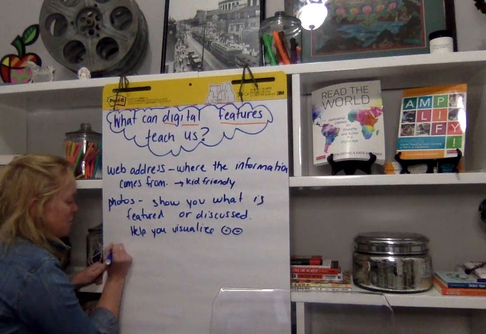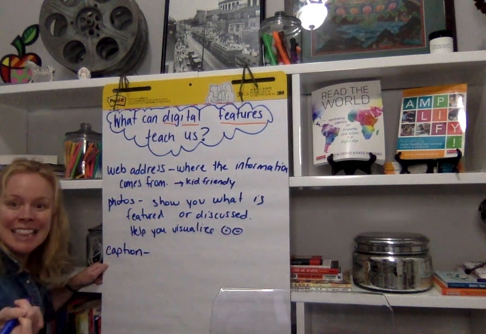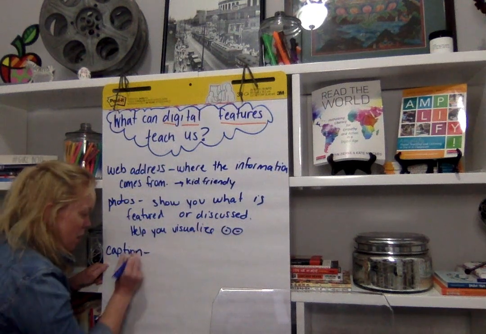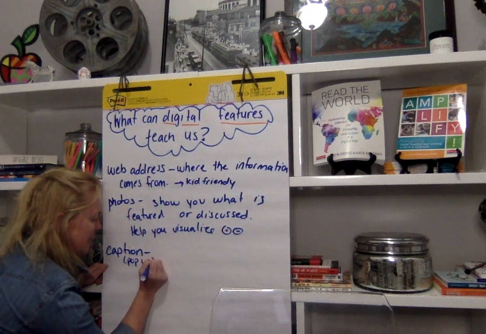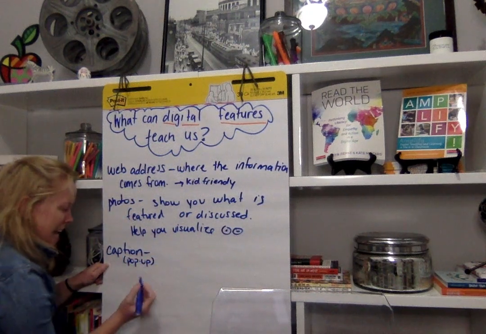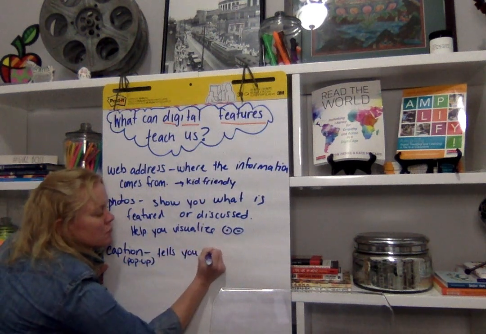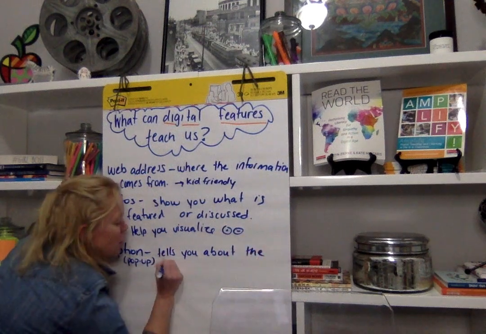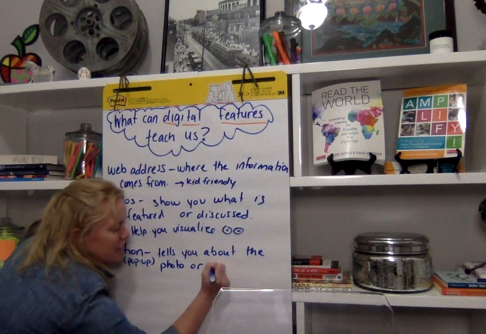Right under the photo, we read a caption, right? In this little article that we read so far, the caption was a pop-up, right? It popped up as soon as we clicked on the bigger image of the photo, and a caption always tells you about the photo, or sometimes it can tell you about a graphic, right?